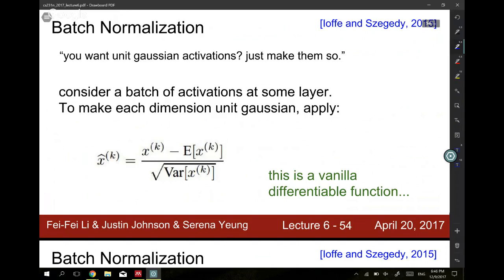In batch normalization we force the activations to have this shape, making it happen explicitly. One thing to note is that taking this mean and variance and subtracting it away is just a differentiable function, so it can be easily computed and differentiated.